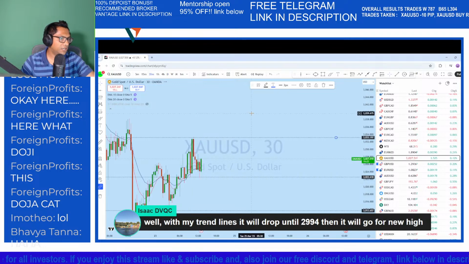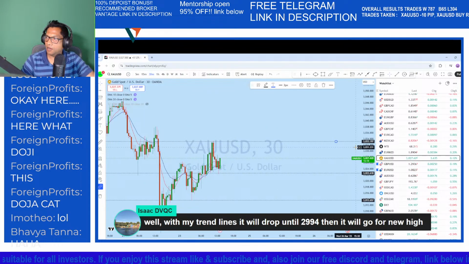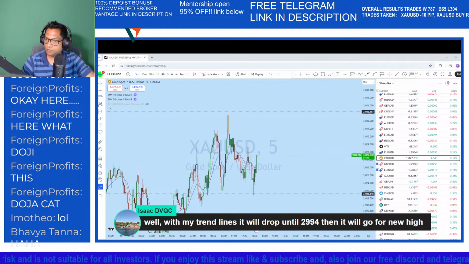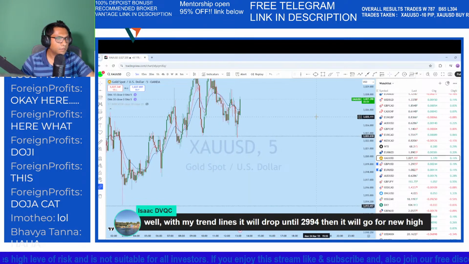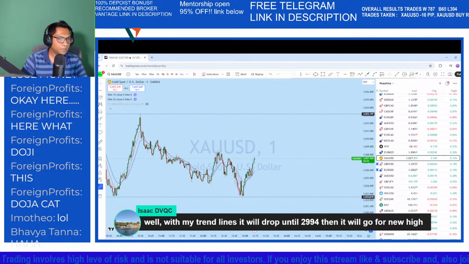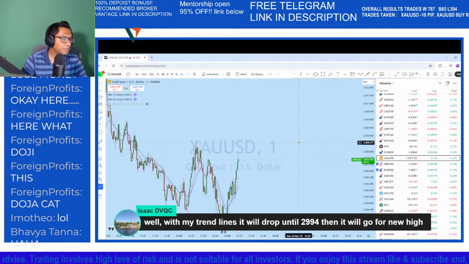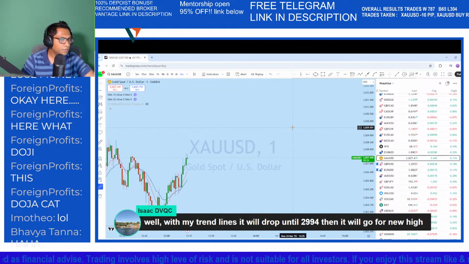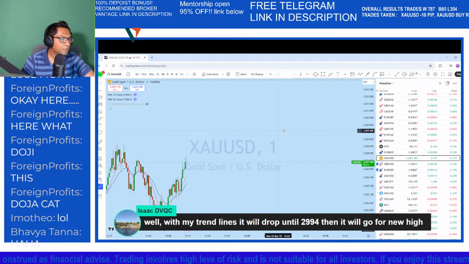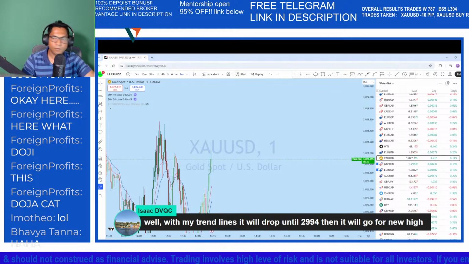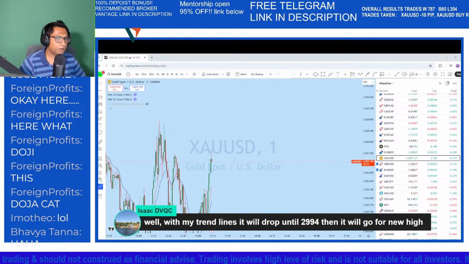Now as you can see, if it returns back to the daily level, we could see it returning to the daily resistance line there, to the 3033 level. Waiting for an upside bias.